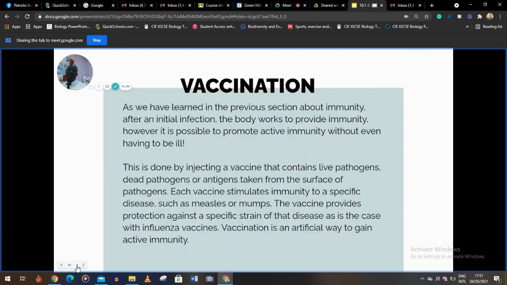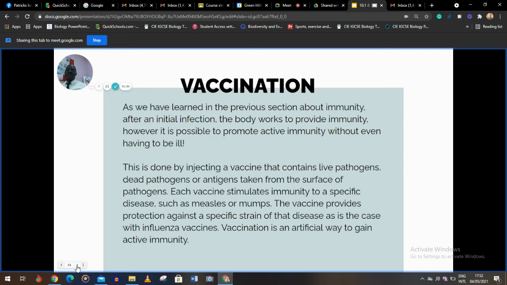Then vaccination. As I explained earlier, after the initial infection, the body works to provide immunity. However, it is possible to promote active immunity without even having to be ill. This is done by injecting a vaccine that contains a live pathogen, dead pathogen, or antigens that are taken from the surfaces of a pathogen, or what we call attenuated virus.